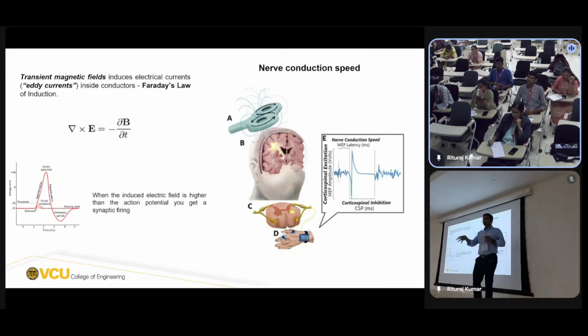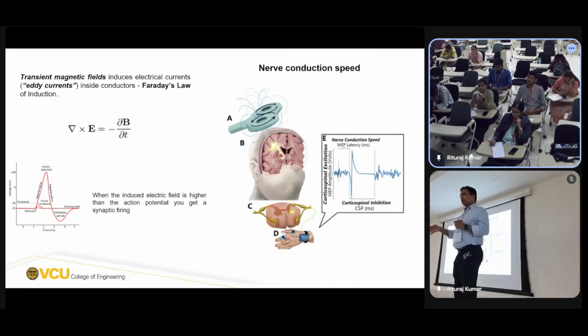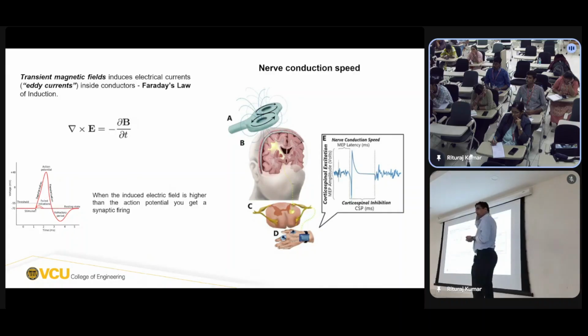So what happens if you have a time-varying magnetic field? By Faraday's law of induction, if you take a time-varying magnetic field and put it on any conducting material, the conducting material will have some current. So if we put it on our head, what is the conducting material in our head? Neurons. CSF is also conducting, but it doesn't do anything.